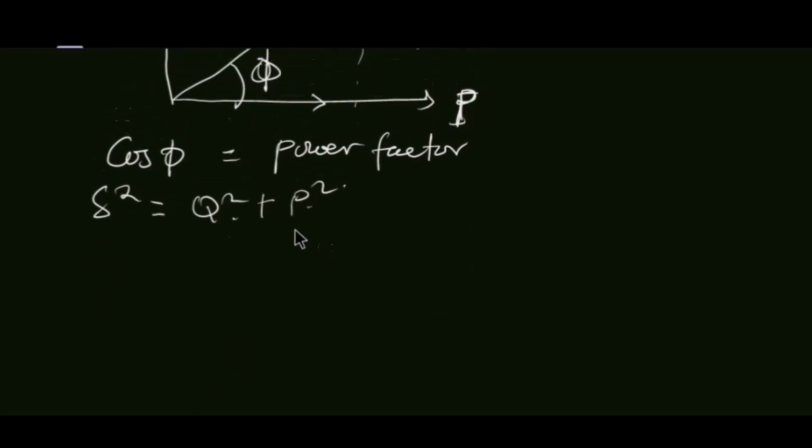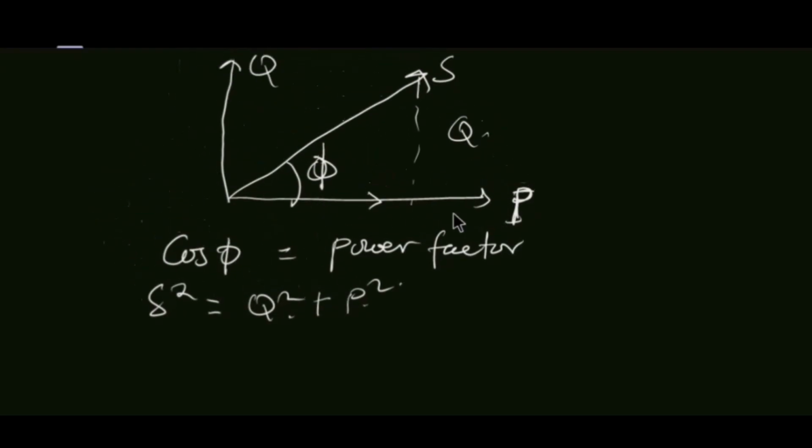Now, I told you that cos theta here is equal to what? Power factor. And you know that P, being the horizontal component, is equal to cos theta multiplying S. So S cos theta will give us P, S sin theta will give us Q. But cos theta, as I said, is the power factor.